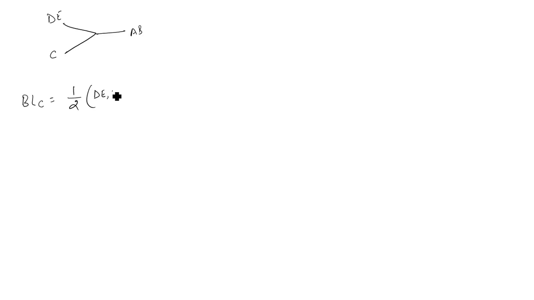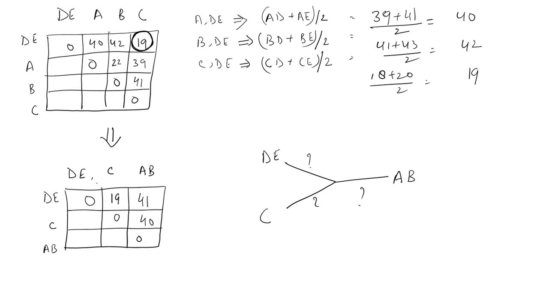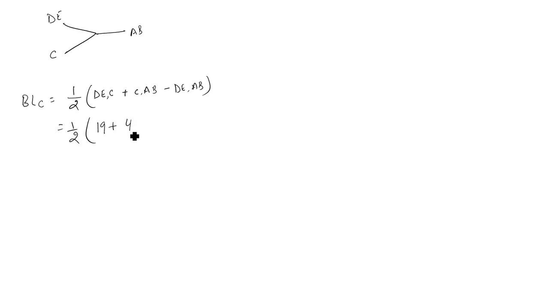DE comma C plus C comma AB minus DE comma AB. So 1 by 2, DEC is 19 plus CAB is 40, and minus 41.